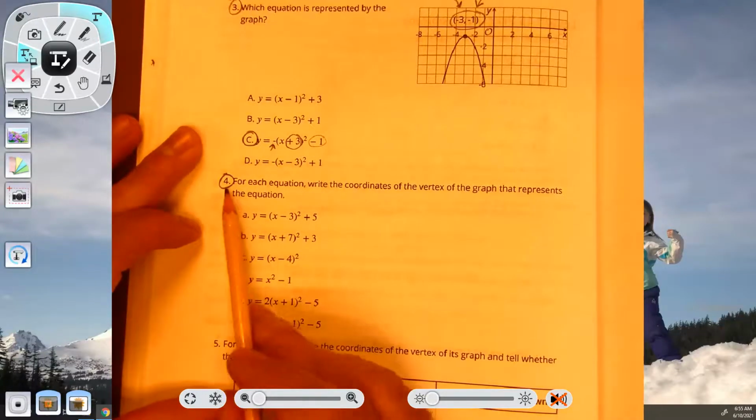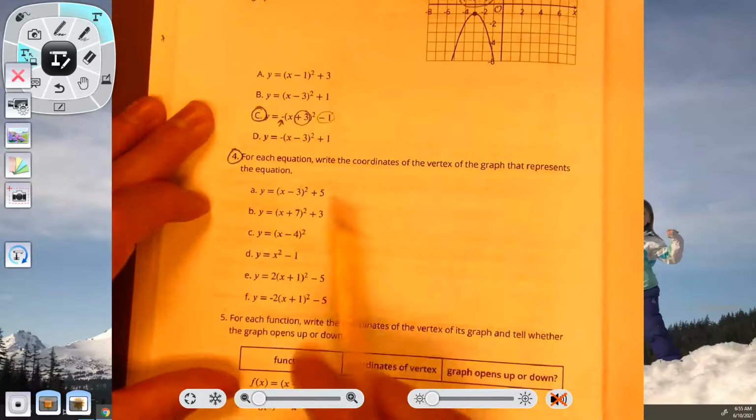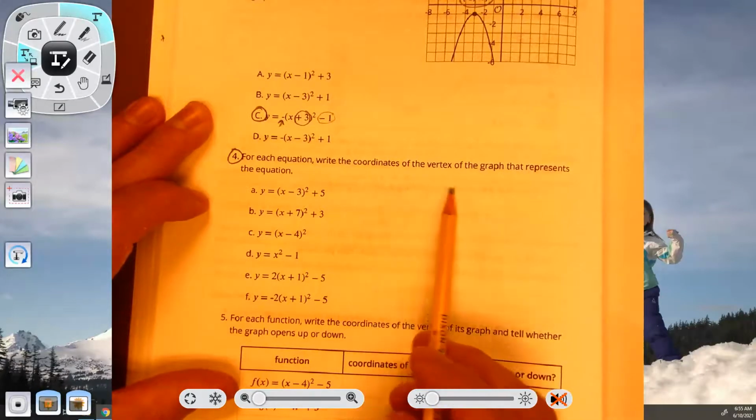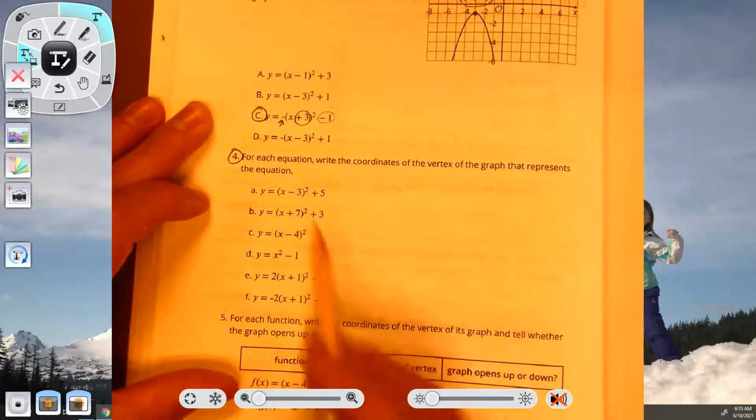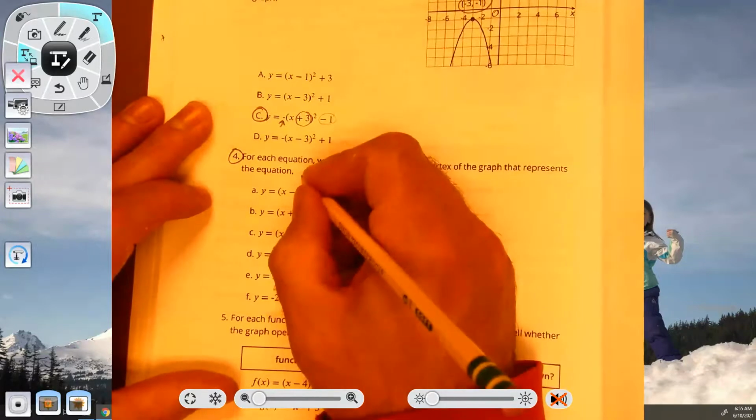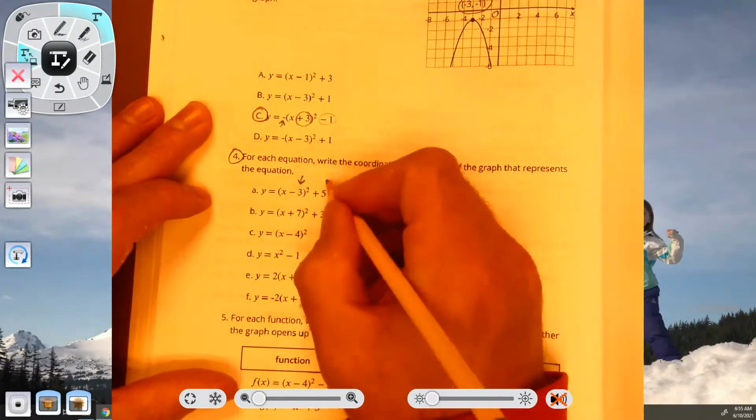Okay, let's go ahead and move on to number 4. For each equation, write the coordinates of the vertex of the graph that represents the equation. Okay, the vertex is going to be this number right here and this number right here.